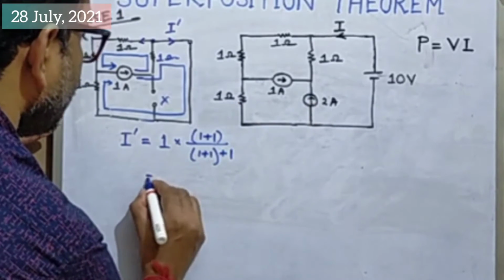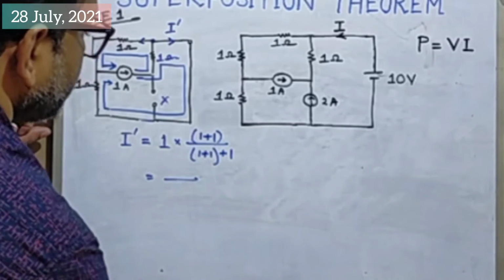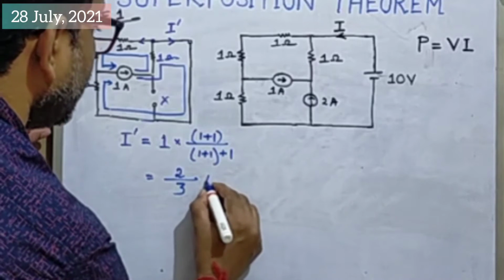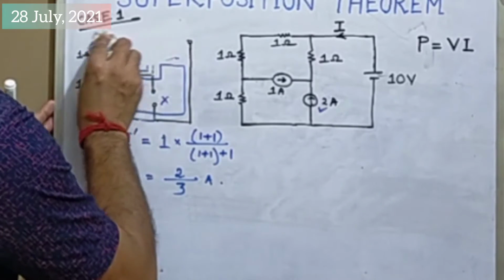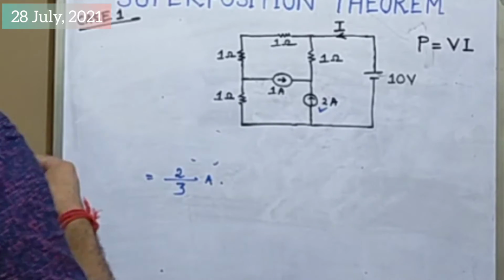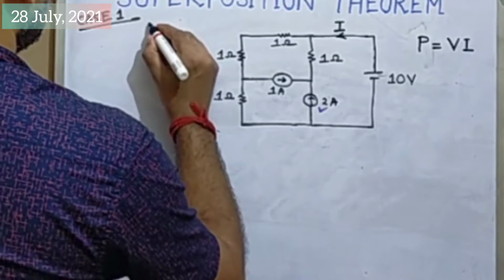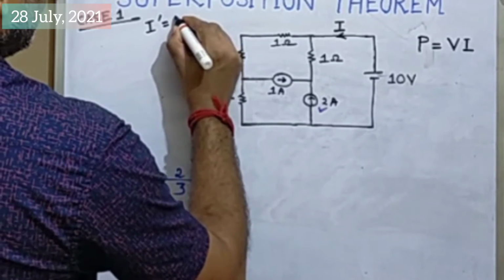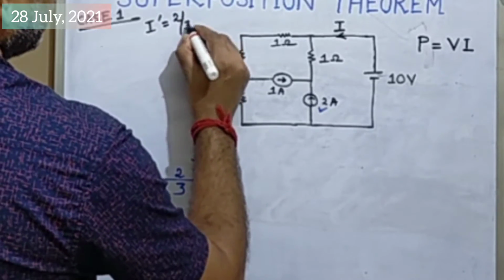So you can get I dash as 2 by 3 ampere. So in case 1 we have got the value for I dash equals 2 by 3 ampere.